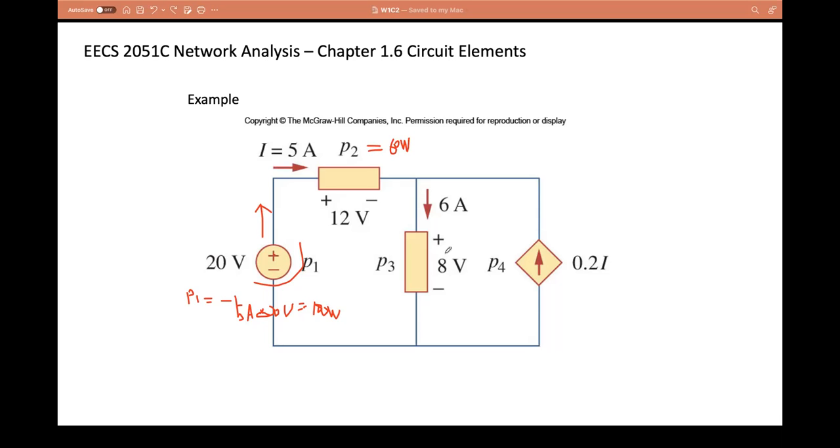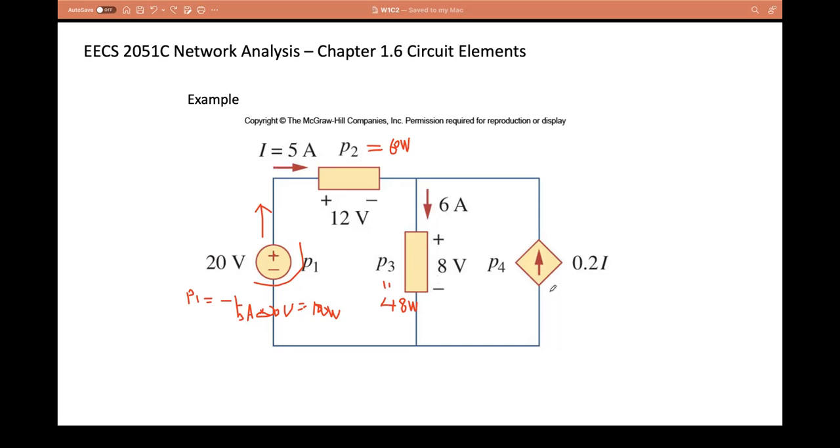In P3, similarly, the current is going into P3's positive terminal, which makes the current positive, and the voltage across in this direction is positive too. So P3 is equal to positive 6 amps times positive 8 volts, which gives us positive 48 watts.